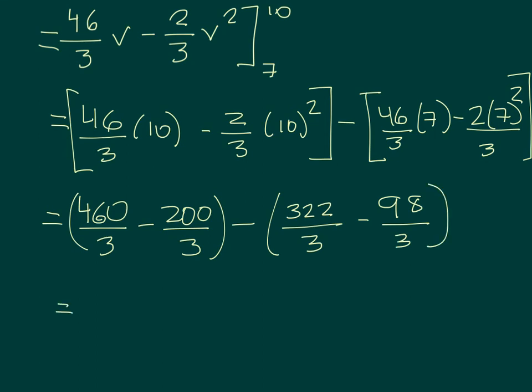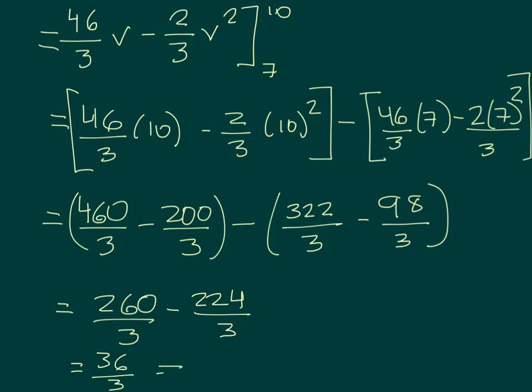So this will be 460 minus 200, 260 thirds, and 322 minus 98 is 224 over 3. And finally 260 minus 224, this will be 36 thirds, which is the same as 12 times 10 to the 5 joules.